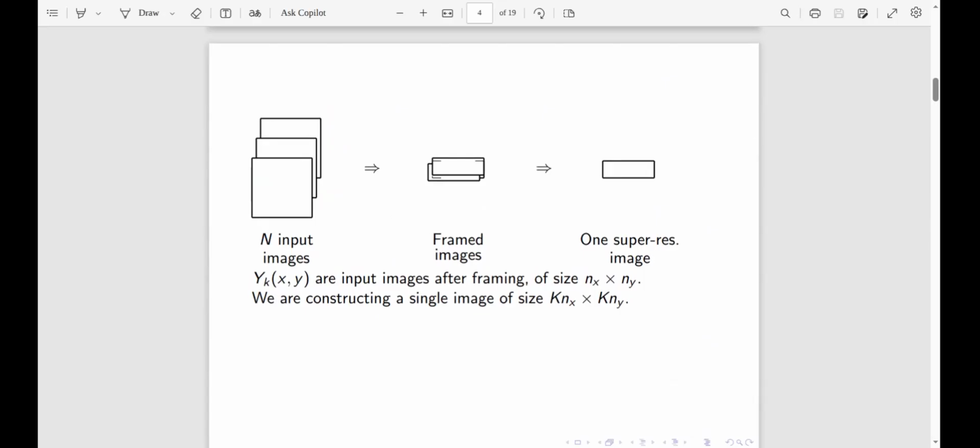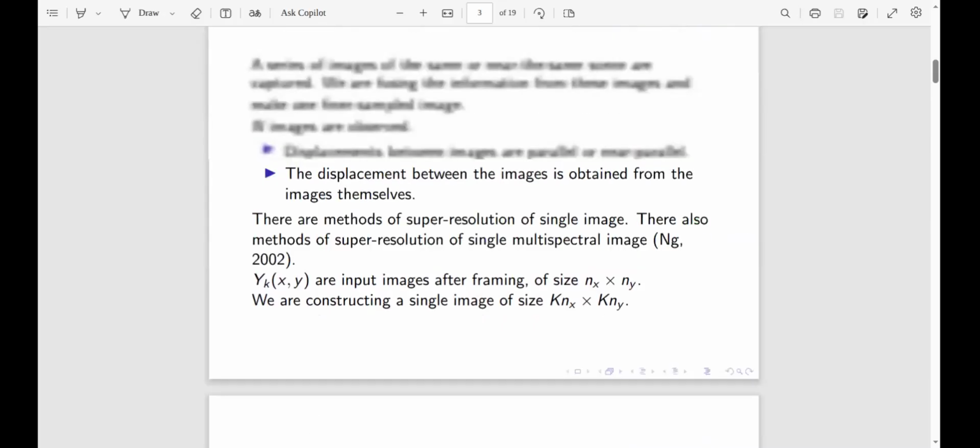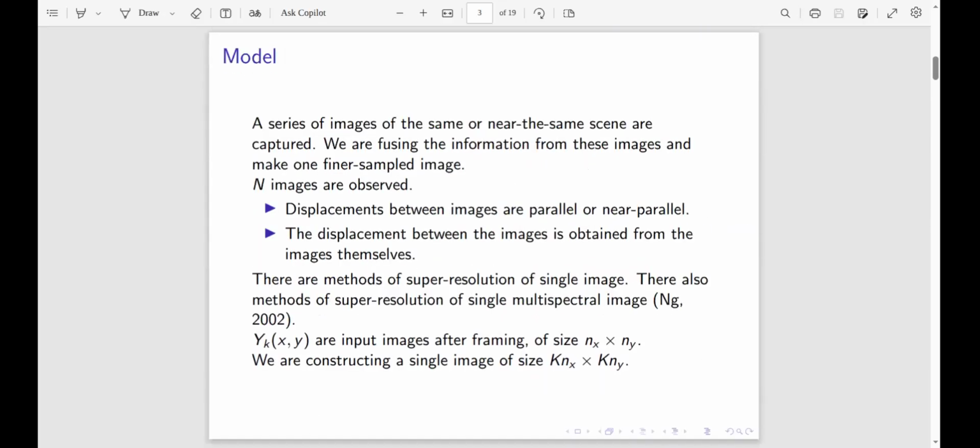So there are different methods and different applications and different settings. That depends on whether we have one image or several images. We have several images.